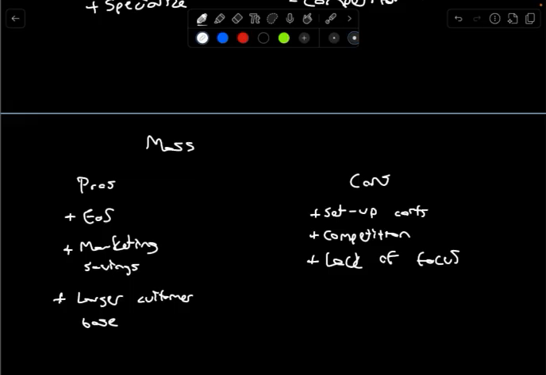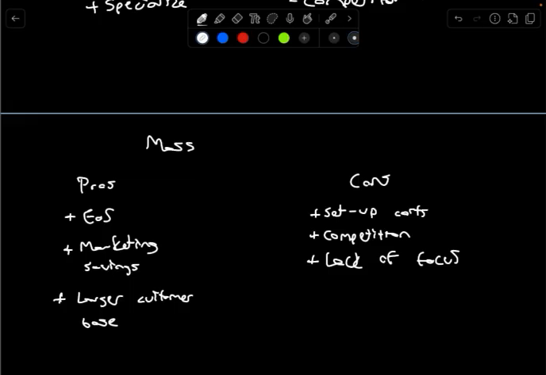Instead, a broad range of market segments are targeted to maximize sales, maximize profit, and then achieve some advantages such as exploiting economies of scale because they can supply products to mass markets. They lower unit costs of production, which allows them to have higher profit margins.